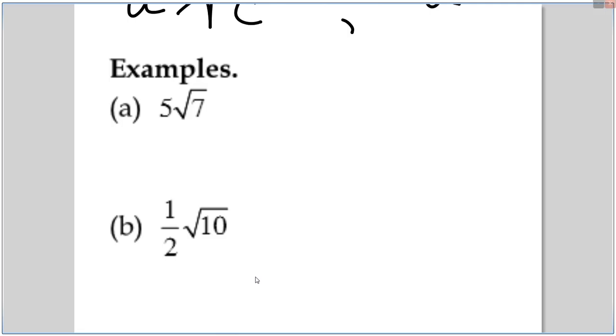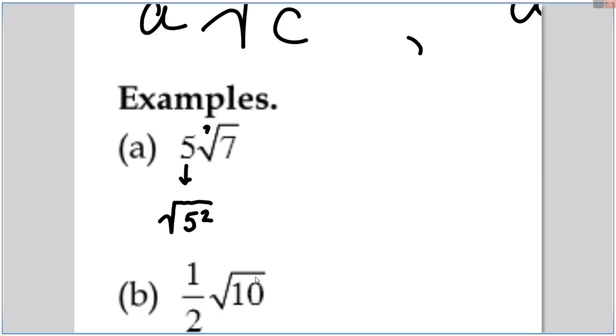All right. So 5 square root 7. We want to make it so it's just got a coefficient of 1. So we take this 5, and guess what we do with it? We square it. Why do we square it? Because the radical on the 7 has an index of a tiny little 2 that you can't see, right?